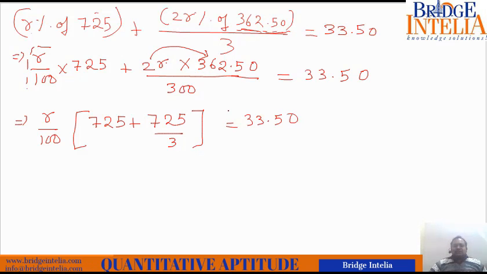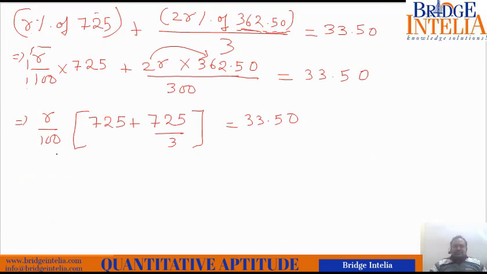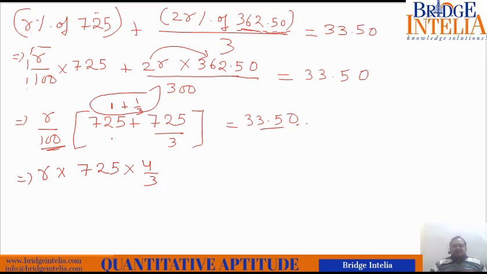33.50. What is the question? Rate. So we have to calculate R. So let's do that. So R, this 100 if you take this side, so R into 725 into 4 by 3. So this is 1 by 3. So 4 by 3 times of 725.